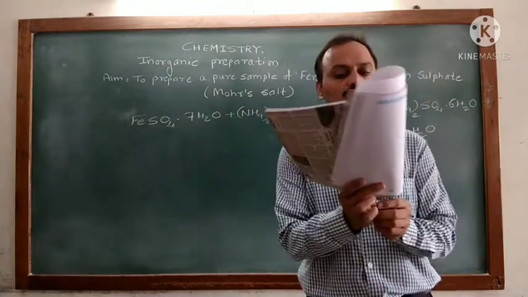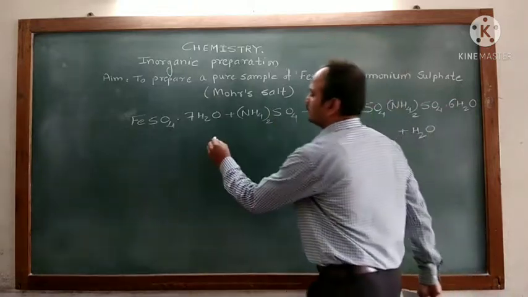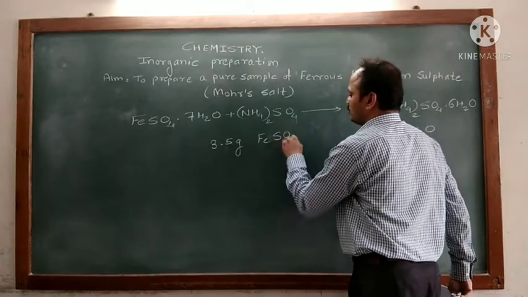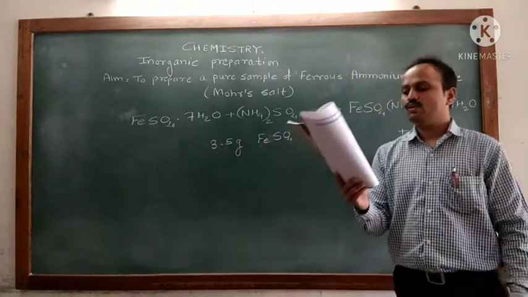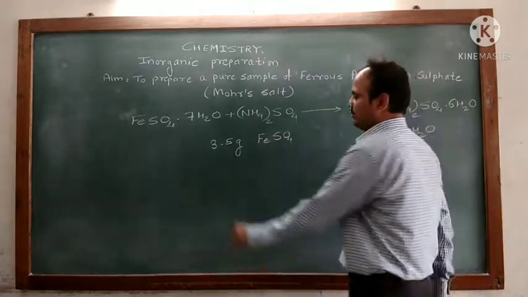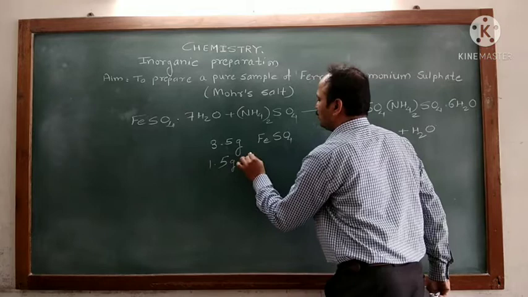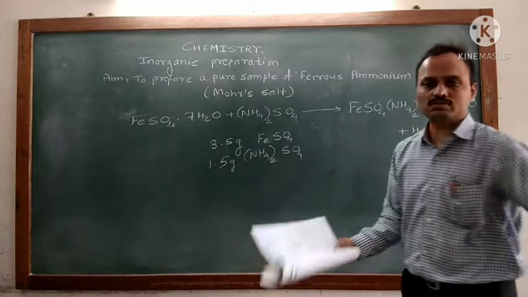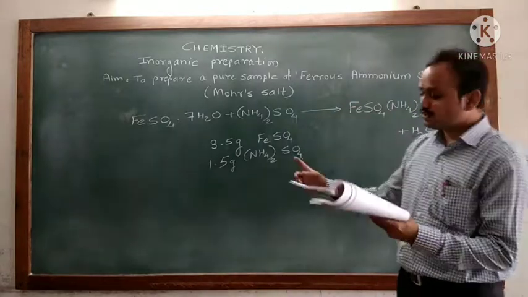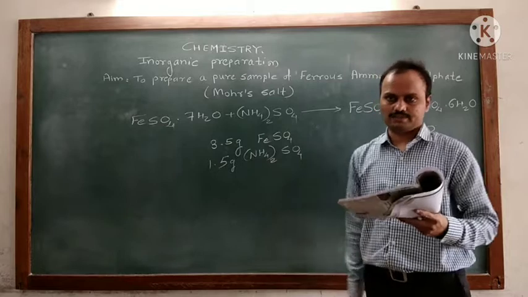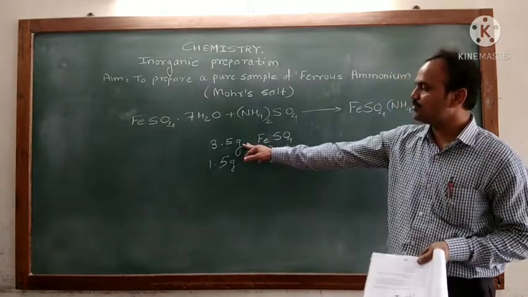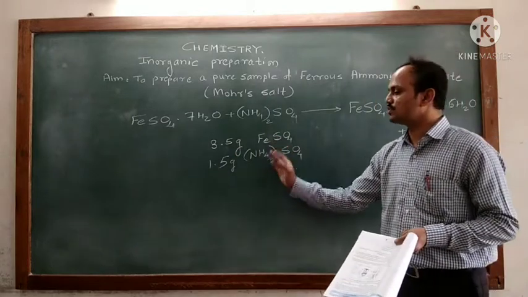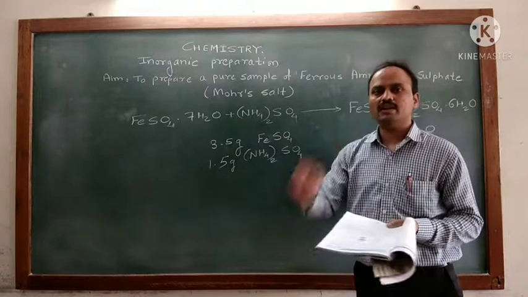Weigh accurately 3.5 grams of ferrous sulfate and 1.5 grams of ammonium sulfate and transfer into a 100 ml beaker. We have to transfer these two powders into the 100 ml beaker.